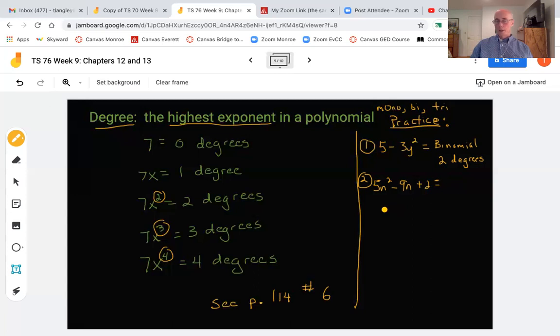And if it is, is it a monomial, binomial, or tri? We've got a term, and a term, separated by minus and plus signs. This is a trinomial. And to what degree is it? Okay, what's the highest exponent? So that's a 2 there. Well, here's my degree. So it's 2 degrees.